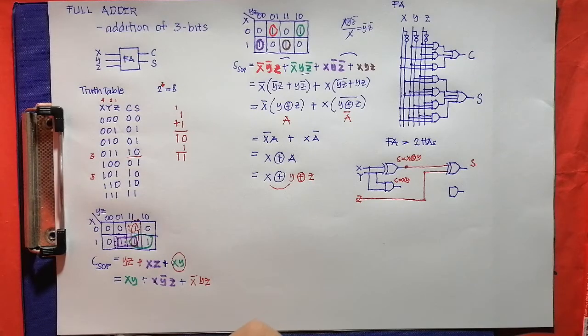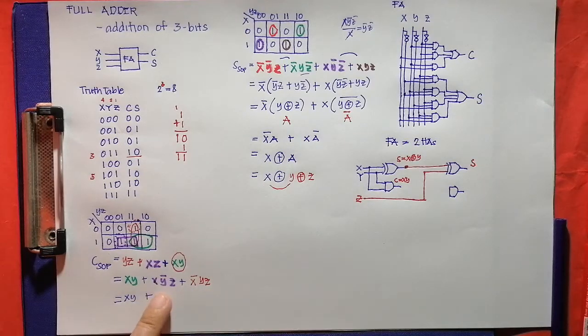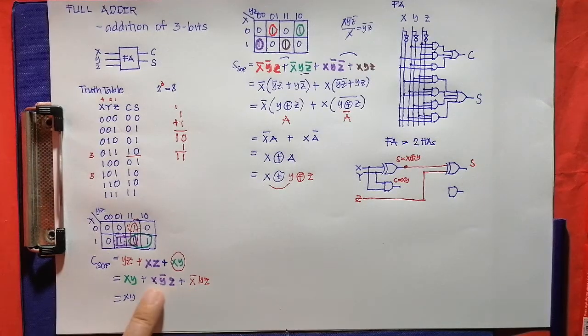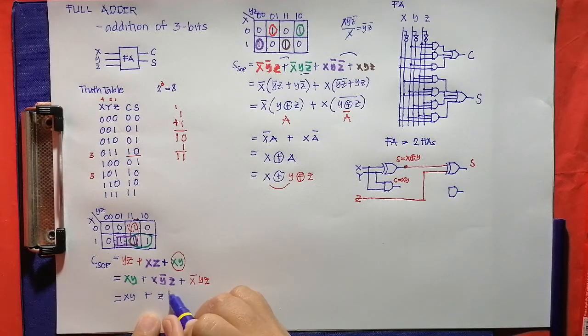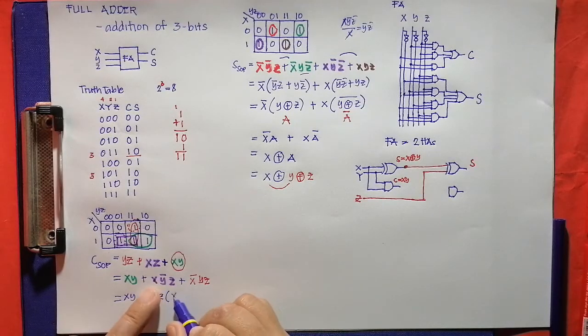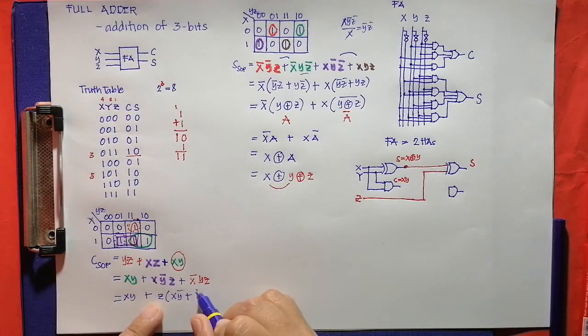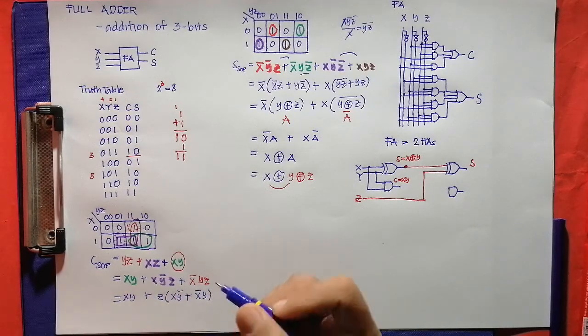So we have here xy plus, you will notice the common is z. So we try factoring it out. So x not yz divided by z, that would be x not y. Plus not xyz divided by z, that would be not x and y.